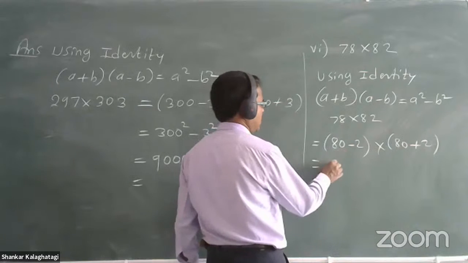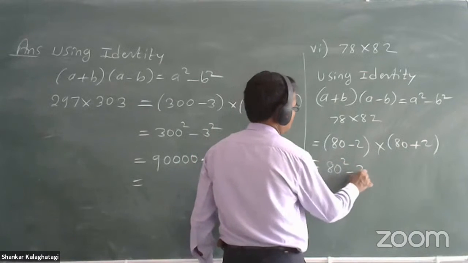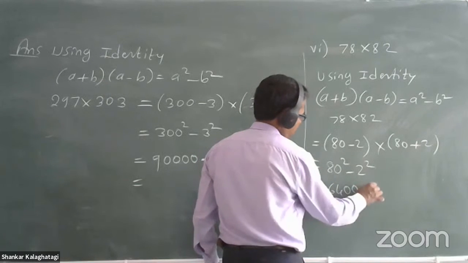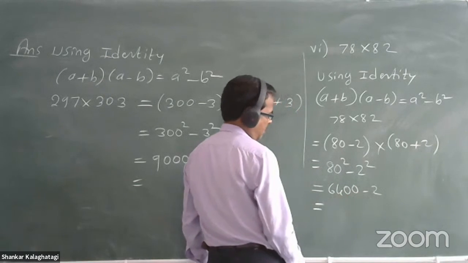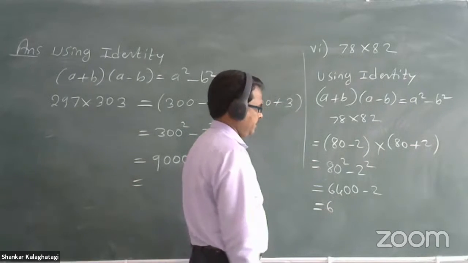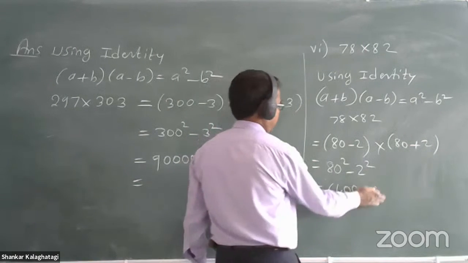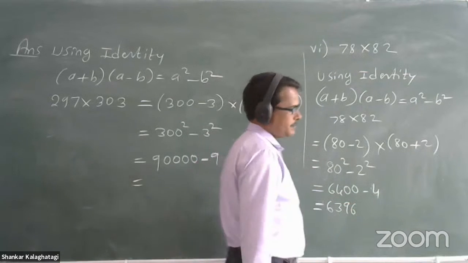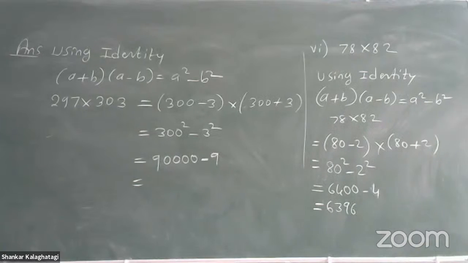So a square minus b square. 80 square minus 2 square. 80 square is 8 8s are 64, 00, minus 4. It is 6,396. Correct.